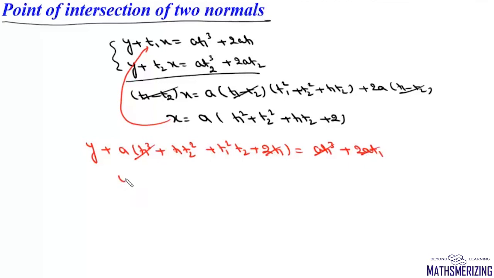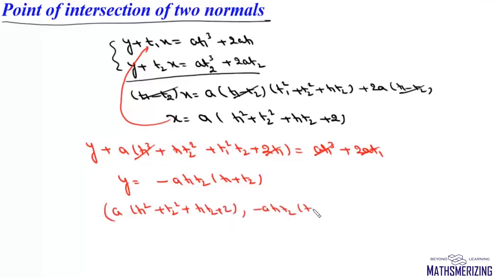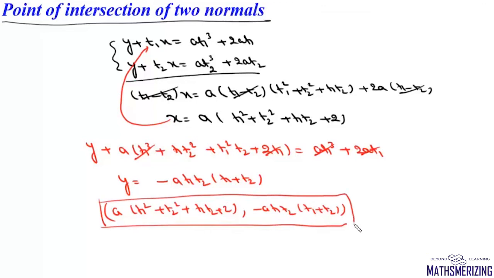We'll get this y coordinate as minus a, and then we'll take t1 t2 common, and it'll be t1 plus t2. So the point of intersection of two normals will be a times t1 square plus t2 square plus t1 t2 plus 2, comma minus a t1 t2 times t1 plus t2. So that is the point of intersection of two normals of a parabola.